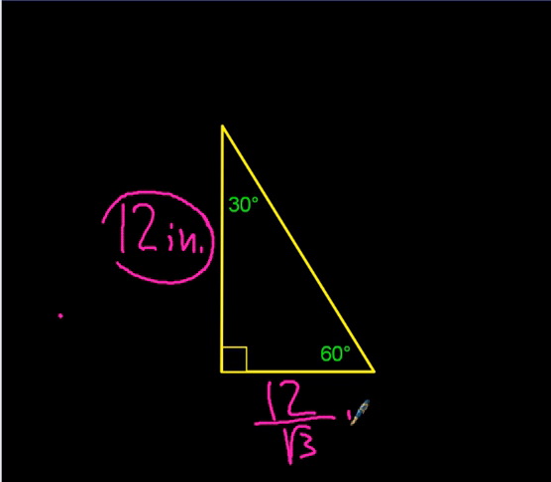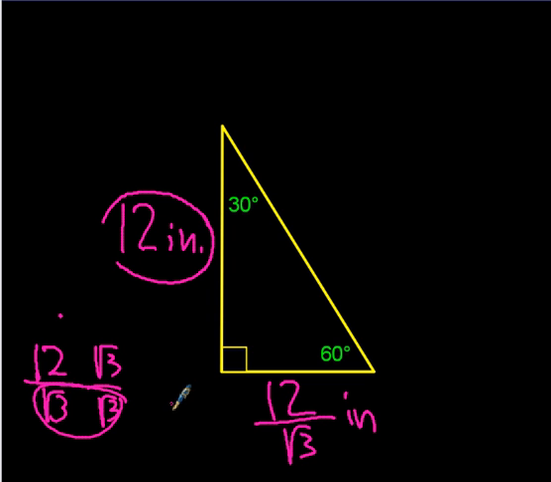Now, I'm going to go ahead and rationalize that. I've got 12 divided by the square root of 3, and I'm going to multiply by the square root of 3 over the square root of 3, because that will have a product of 3. And then I've got 12 root 3 over 3.